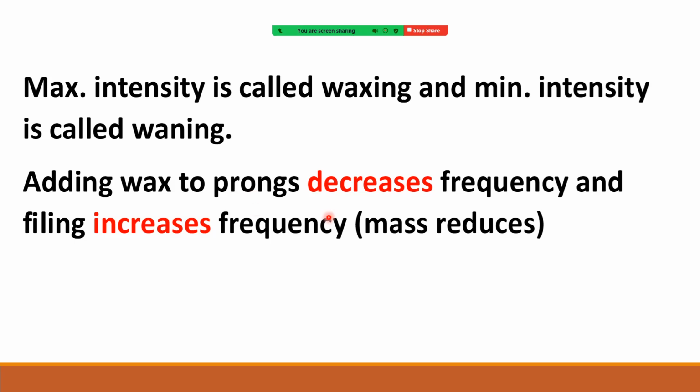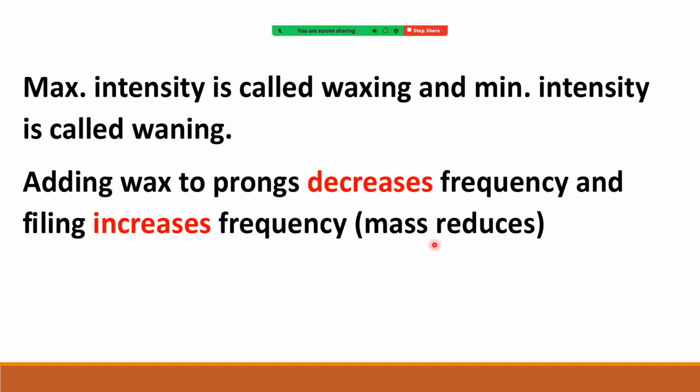Next, one more term, filing. Filing means rubbing. When we rub the prongs, the mass slightly decreases, so they vibrate with more frequency. So frequency increases because mass is reduced.